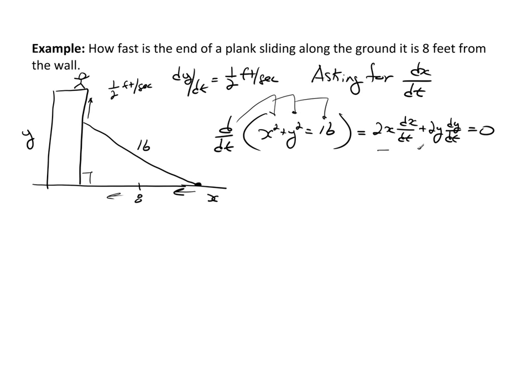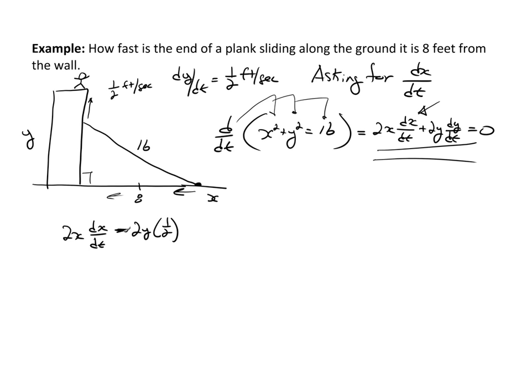Now, because I'm asking for dx/dt, I can solve this for dx/dt. And I may want to go ahead and put in here dy/dt is a half, so I'll do that right now. So I'm going to say 2x dx/dt equals 2y times 1/2.